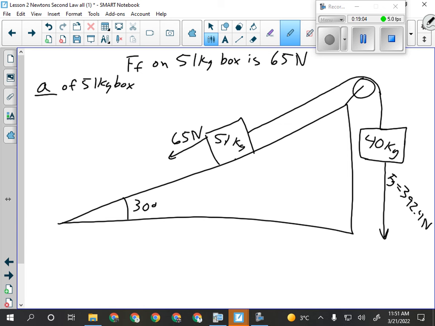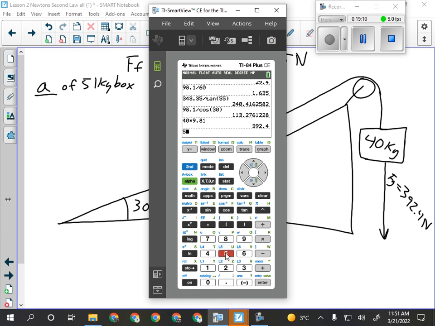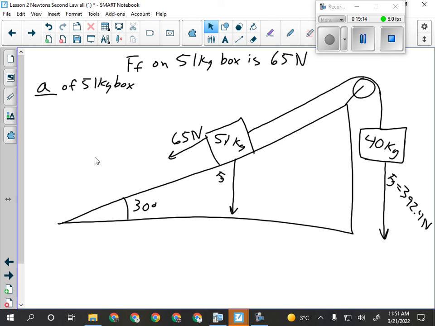Okay, so you got your force of gravity here, which will be 51 times 9.81. Okay, so 500.31. And so this is our other force, F parallel right here. Okay, remember that it's this side of the triangle. That angle is the same.